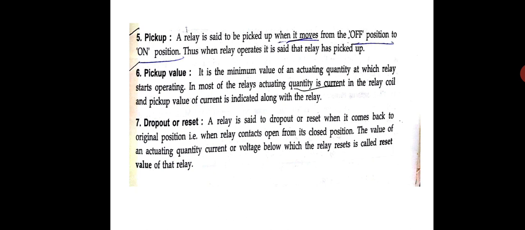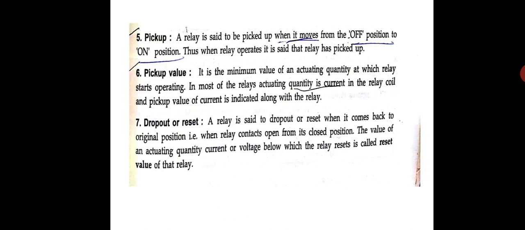Pickup value, right? I'll continue with that same example. As I told, 10 is the normal current. If in place of 10 we give 20 amperes, will the relay operate? Yes, it will operate. For 19 amperes, will it operate? Yes. 18 amperes? Yes, it will operate.